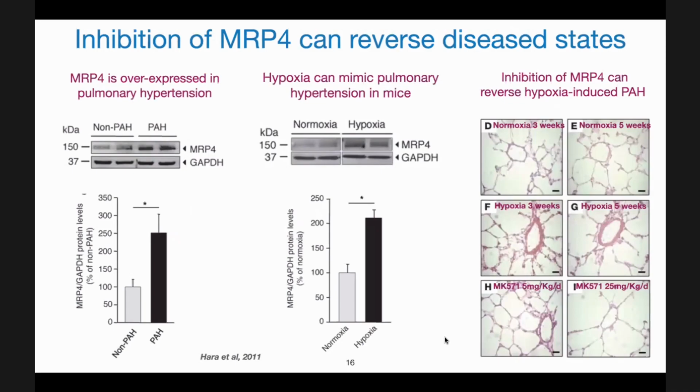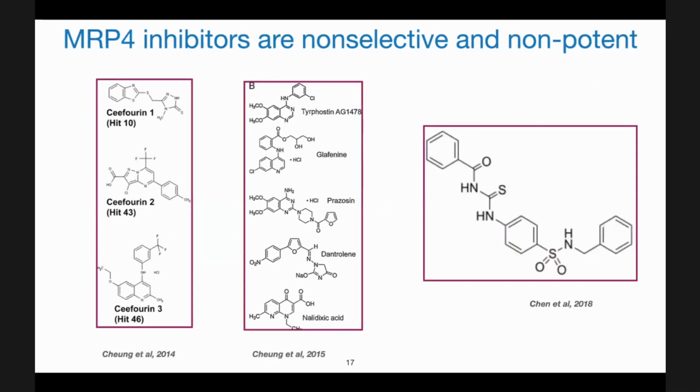So with that in consideration, there have been studies looking for MRP4 inhibitors, but they are not selective and not potent.